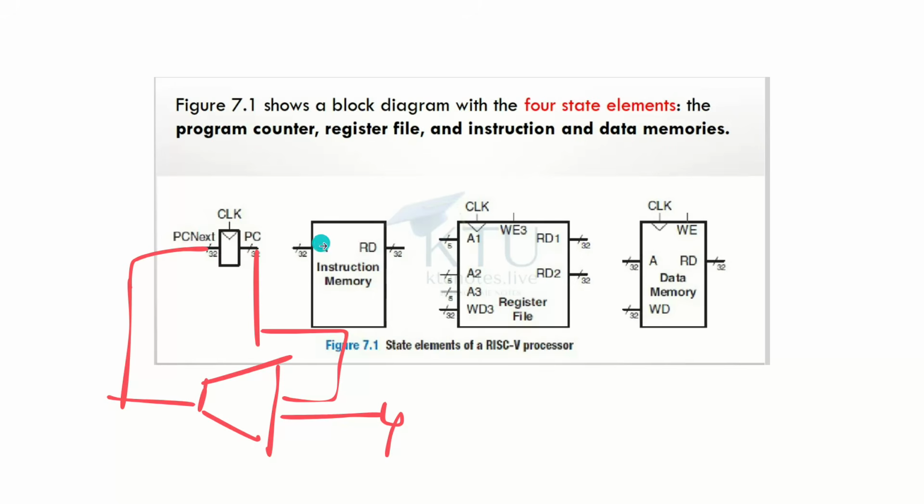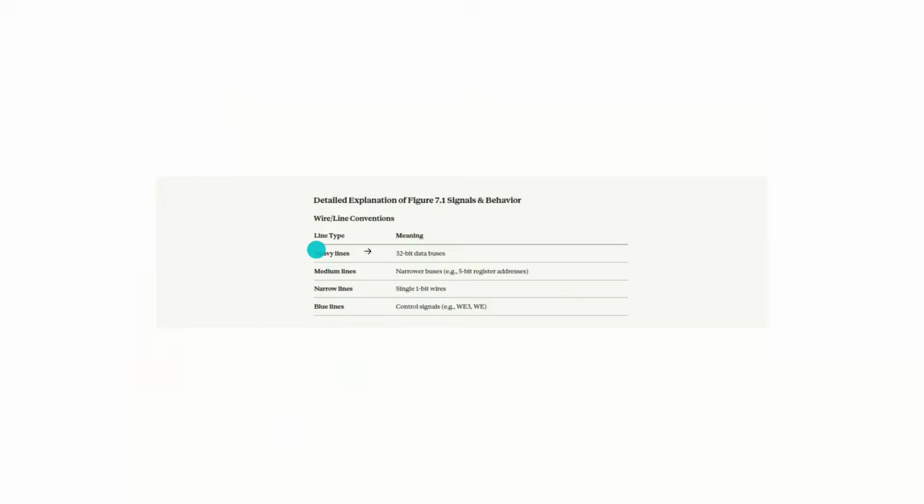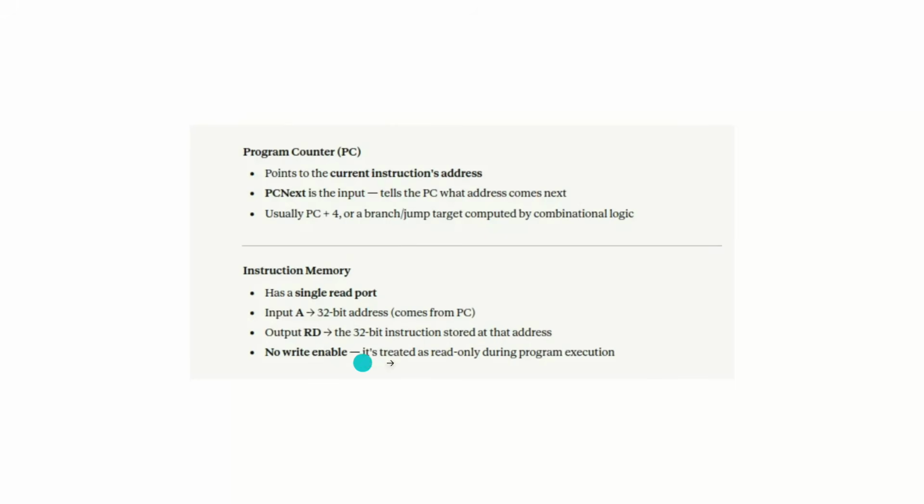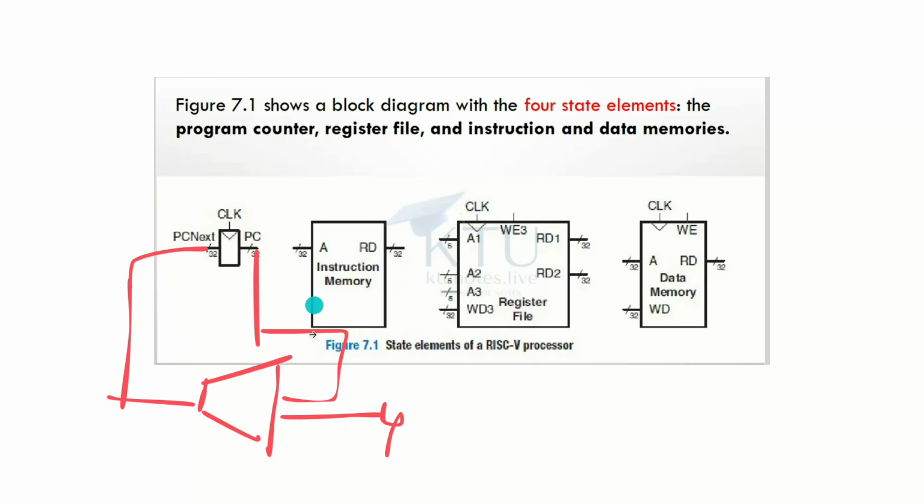One single read port is there, and the 32-bit instruction stored at that address we get through RD. There is no write enable signal, because we don't want to write here. Instruction memory is read only; we don't need to write anything into it. So this is about the PC and the instruction memory.